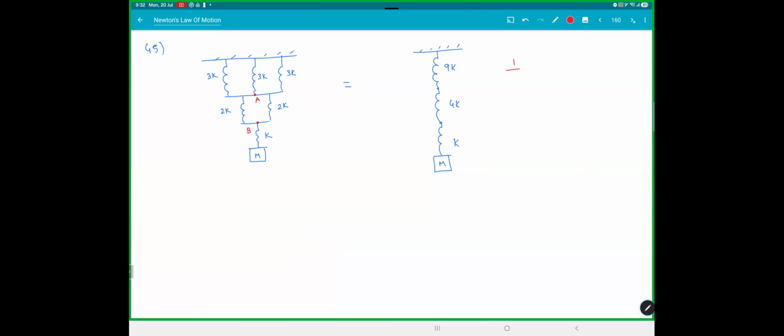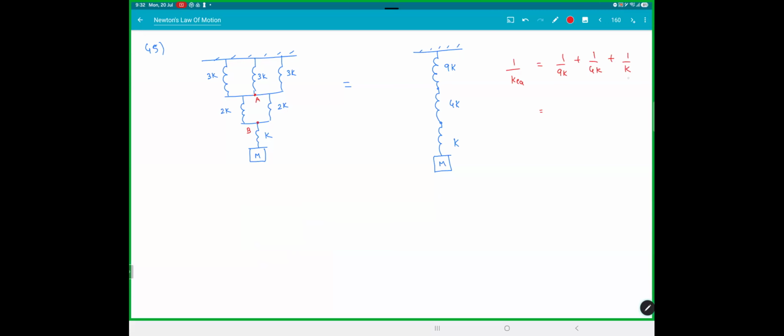And what is the K equivalent? Now all of them are in series. So 1 by K equivalent is 1 by 9K plus 1 by 4K plus 1 by K. I don't need this actually, but the K equivalent looks interesting. Nothing much we can do about it.